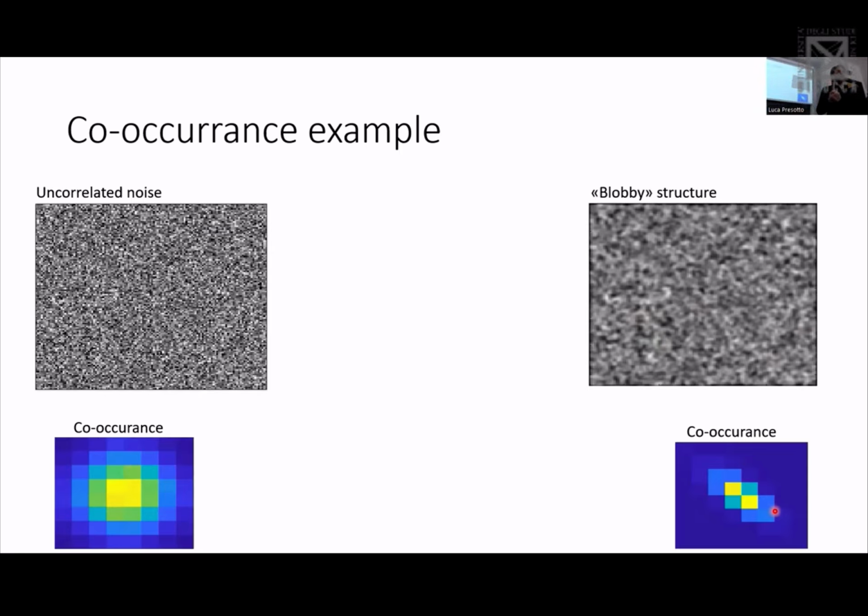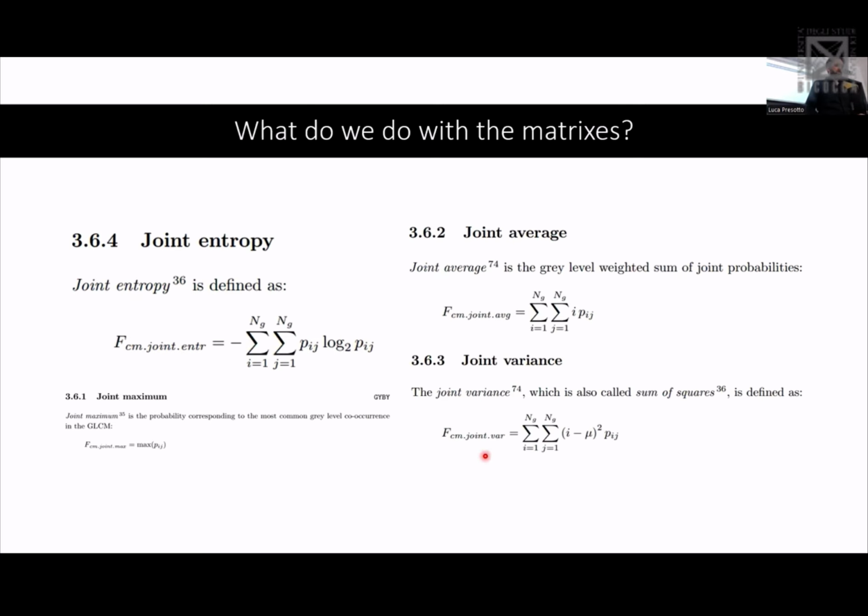If we have a random structure, we have no correlations. This is the co-occurrence matrix, and in this case we have, I don't know, 1, 2, 3, 4, 5, probably 8 by 8 numbers. So we have 64 numbers, and you don't do much with 64 numbers.